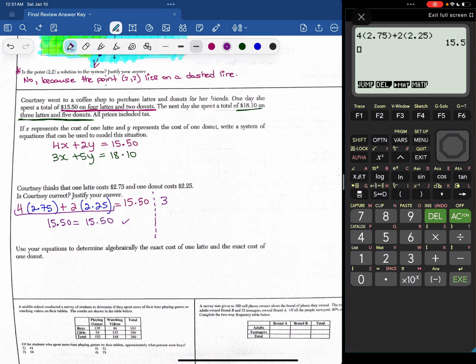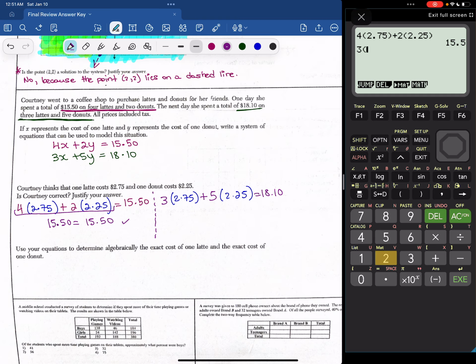So 3 times 2.75 plus 5 times 2.25 is equal to 18.10, right? So again, you can put this entire part into the calculator, or you can do it step by step. So let's just put the entire thing into the calculator.